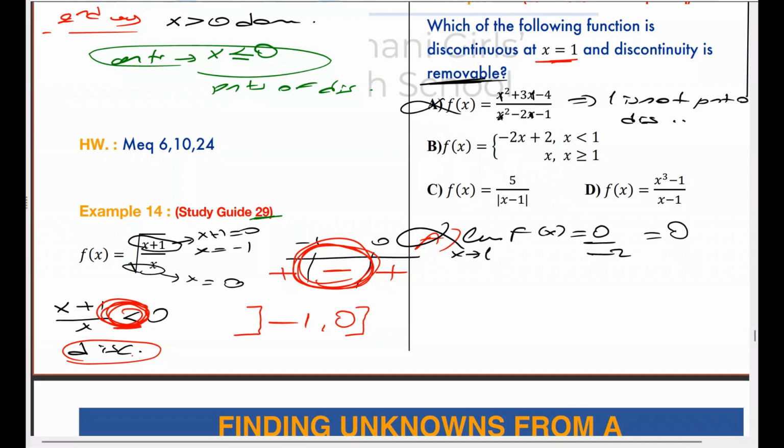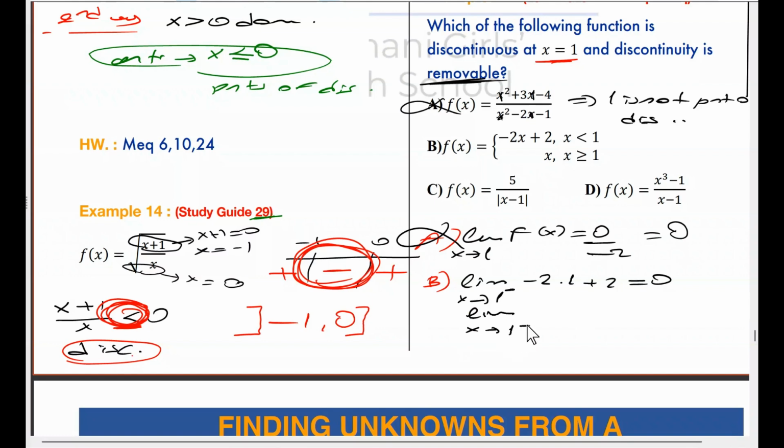Option B, it's a piecewise function. Remember, for piecewise functions, to find discontinuity, we should check the limit. If the limit exists, then the discontinuity is removable. If not, it's not removable. So check both-sided limits. Limit as x approaches 1 from the left first. Negative 2 times 1 plus 2. Negative 2 plus 2, 0. What about the right-sided limit?